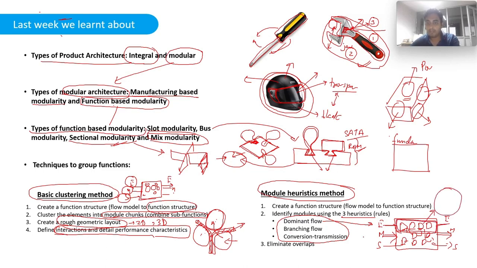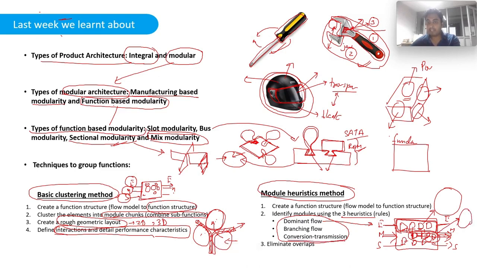Similarly, there can be branching flows. For example, from this dominant path, another subpath can go out, and then that leads to a material. Since it is sharing a common material, it can be considered as another module.